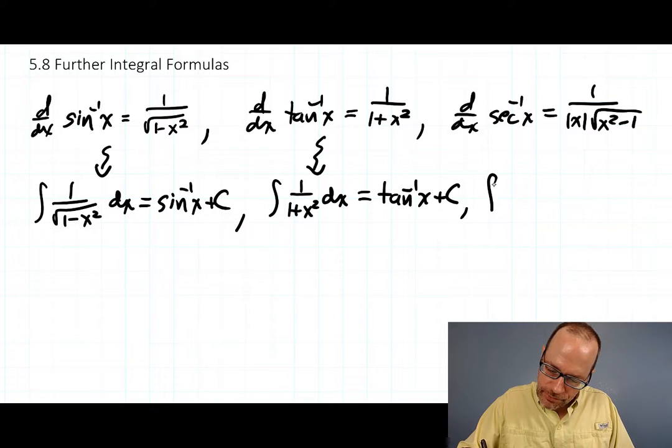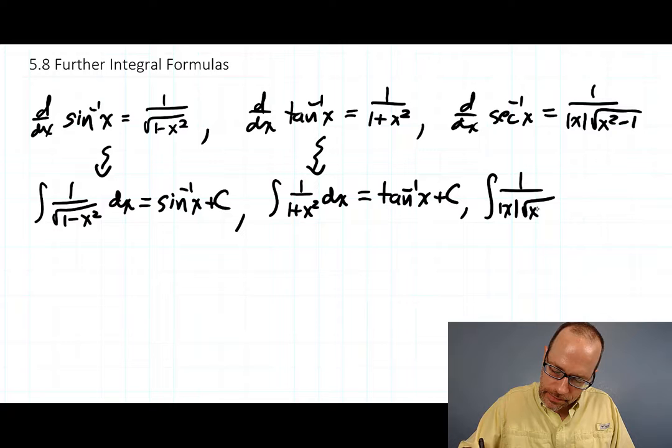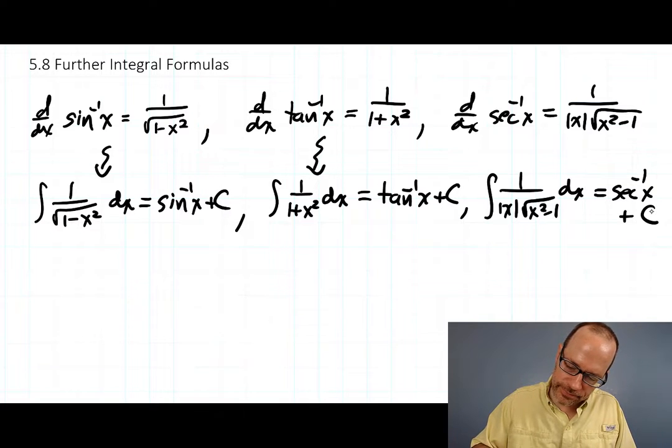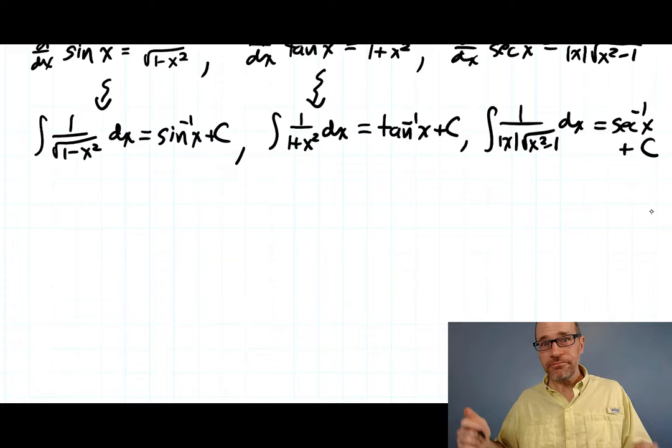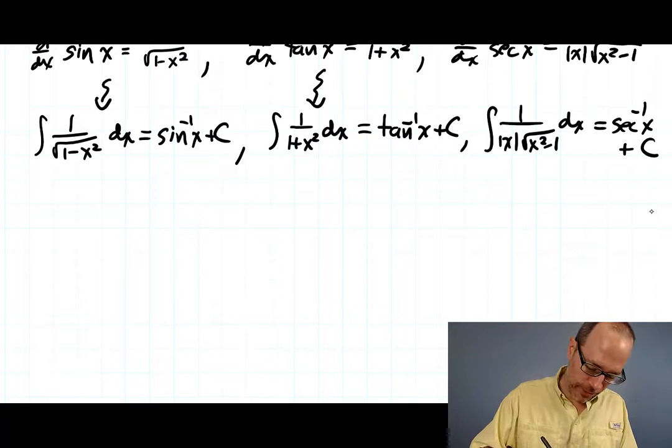And finally, if we want to integrate this guy, it's just the inverse secant. All right, so really that's all there is.